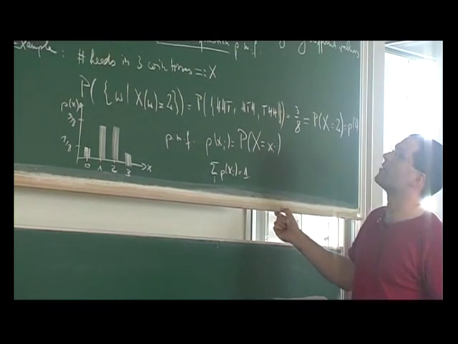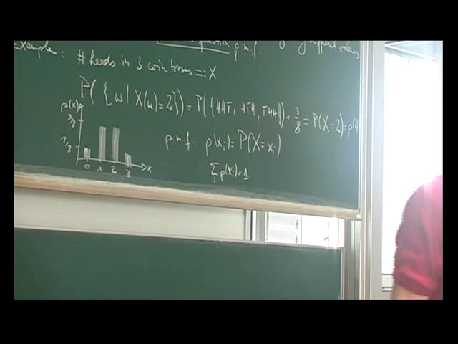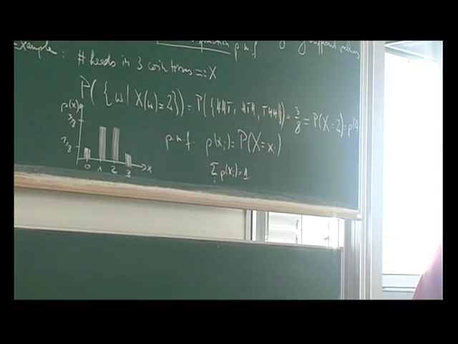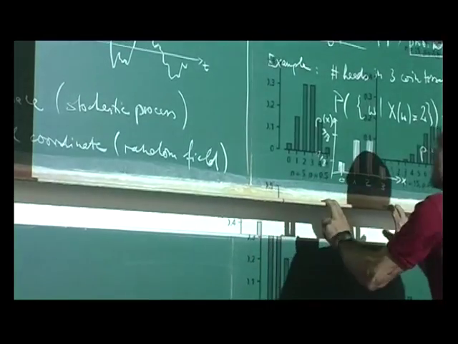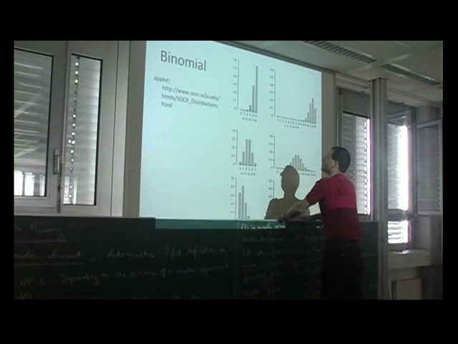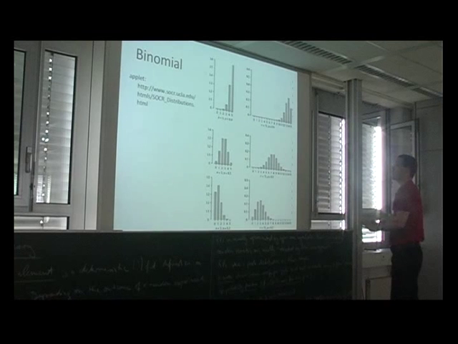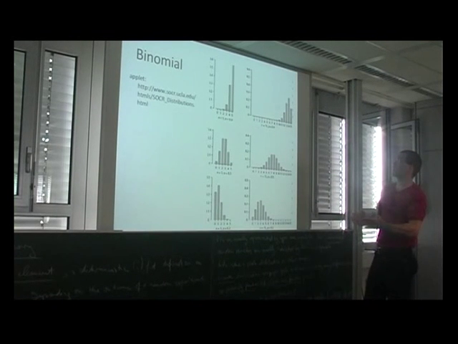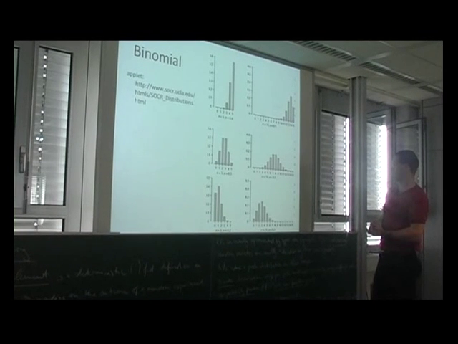So this is a discrete random variable, and I will show you a few in pictures, and there will be much more to say about these in the future. For example, we will in the future talk about the binomial that gives you the number of successes in a certain number of trials.